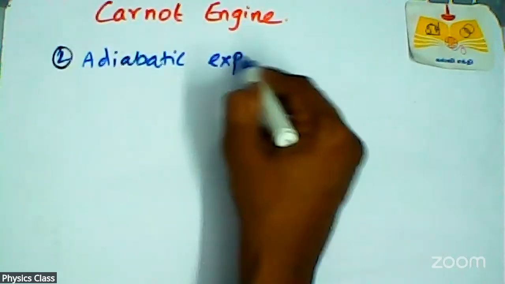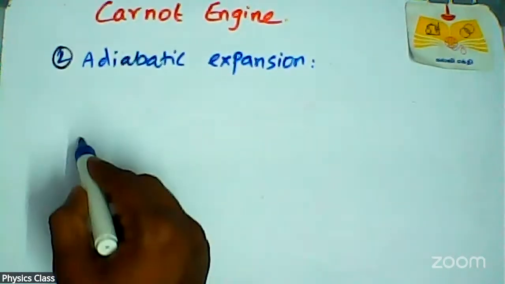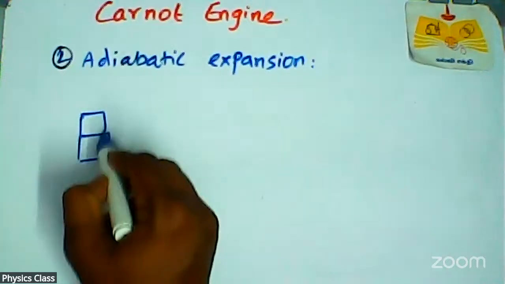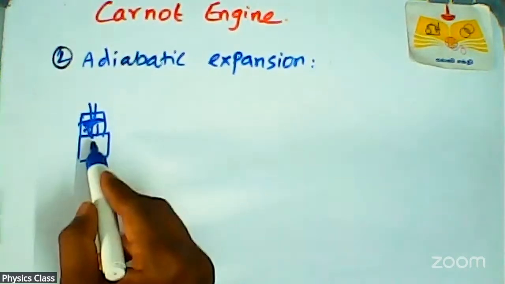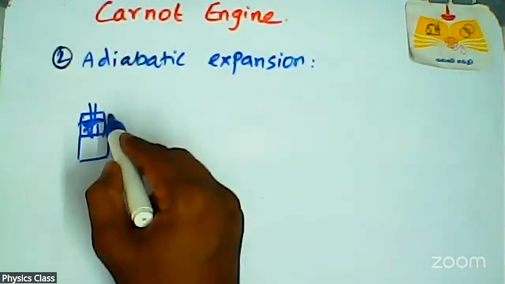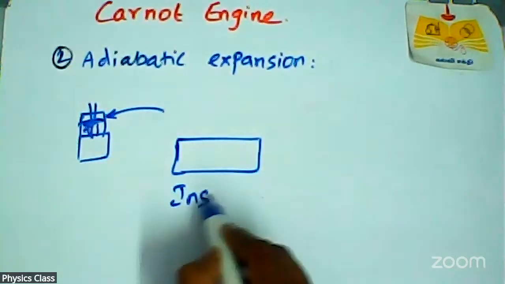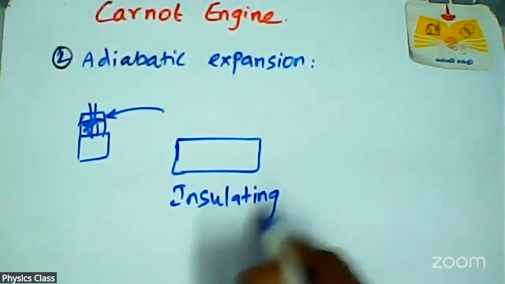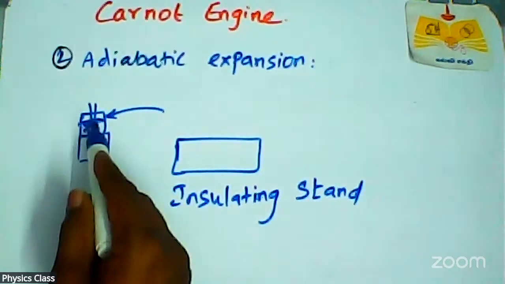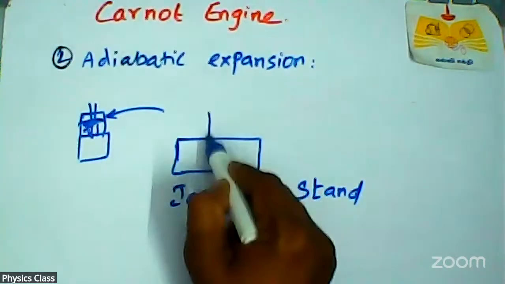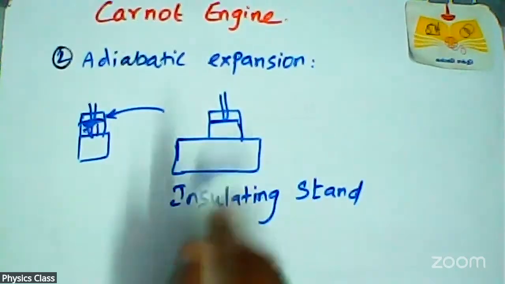For this step 2, once the cylinder has absorbed heat from the source, take this cylinder and put it on this insulating stand. Once the first process is done, take that gas cylinder and put it here.